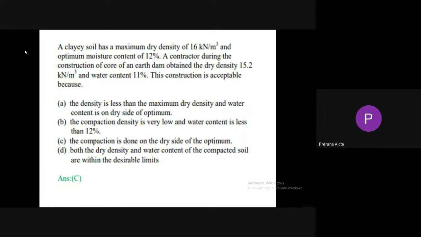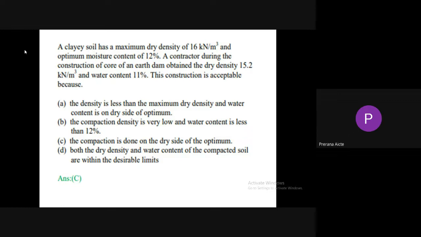There is a GATE question here. A clay soil has a maximum density of 16 kilonewton per meter cube and optimum moisture content of 12%. It is compacted during the construction of the core of an earthen dam and obtains a density of 15.2 kilonewton per meter cube and water content of 11%.